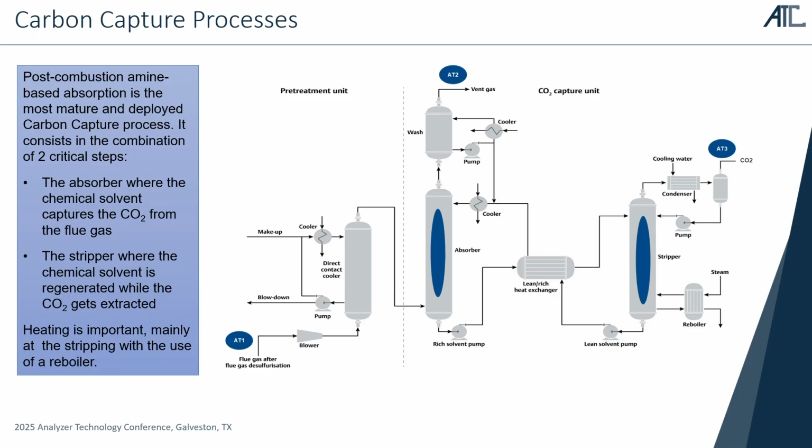This has a very high capture efficiency, but it has a high energy requirement to regenerate the solvent in the second step. The opportunities for gas analysis in this part of the process are shown by the blue bubbles. The flue gas after the desulfurization process can be monitored, also the vent gas after the absorber, and the resultant CO2 to monitor for any impurities.